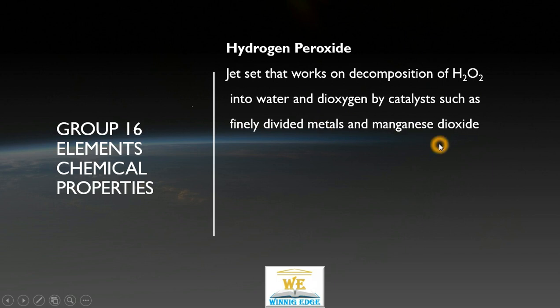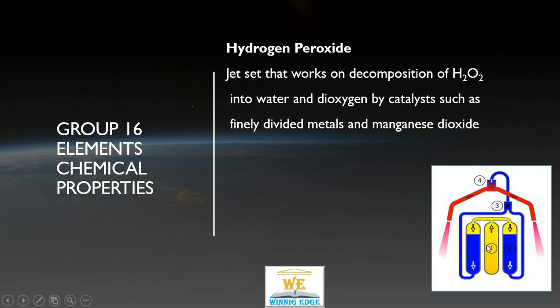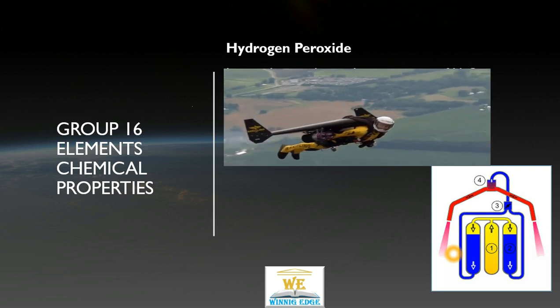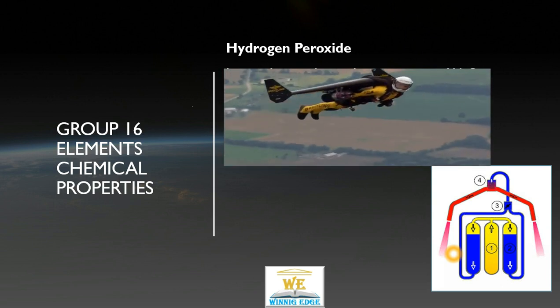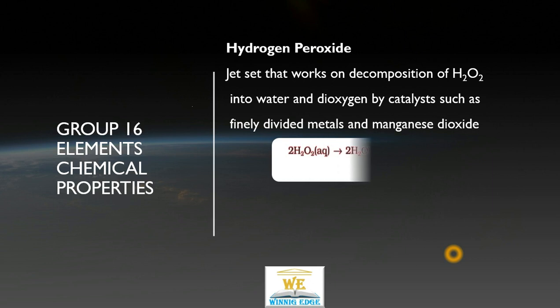In this jetpack, pure H2O2 is contained and then passed through reactor chambers. It decomposes violently, and the steam and oxygen produced are funneled through an array to give us a push or propulsion. This is what you see here, Jetman using this hydrogen peroxide. That's what happens. It decomposes to give us water and oxygen.